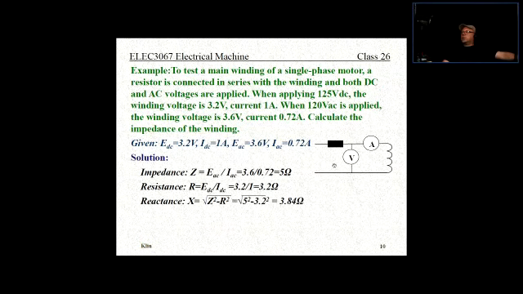Pretty straightforward. The key idea is, in order to measure the resistance, the DC component of the whole circuit, you apply the DC and use the DC values that you measured, since you're dealing with DC and pure resistance. Now, when you want to find the reactance, you apply an AC component and measure the AC voltage and AC current.